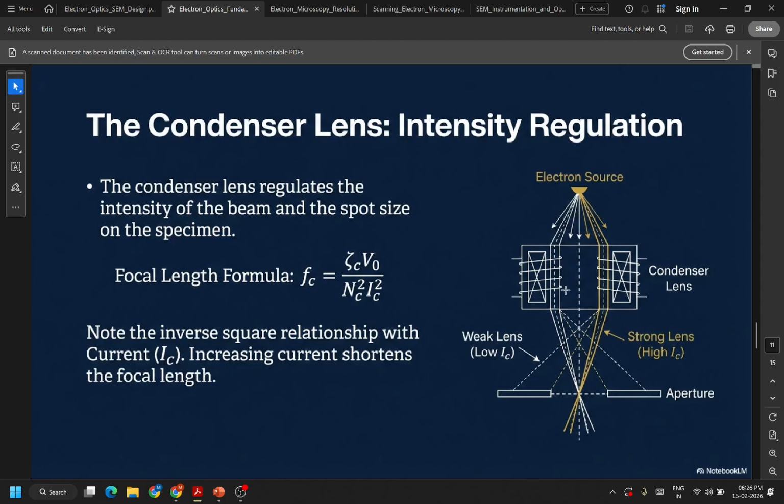So by increasing the current in the coil, you can reduce the focal length. If you have a low current, the focal length will be large, and all of the current will go into the aperture. But if you have a high current, the focal length will be lower, and the focal point will be much before the aperture, and most of the beam will be blocked by the aperture, and very little will go into the aperture. So it will reduce the beam current going into the aperture.